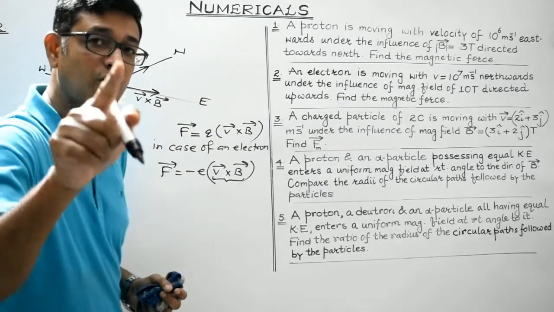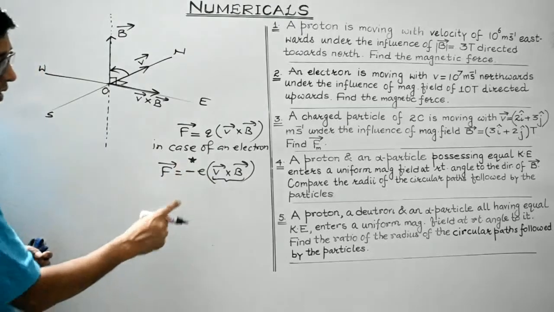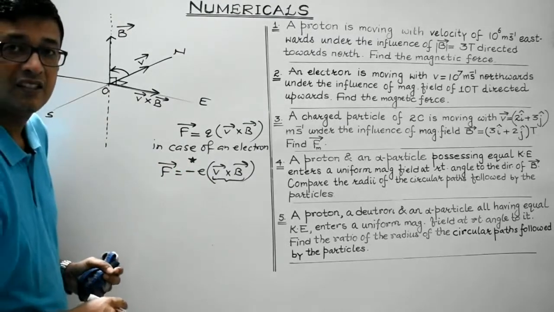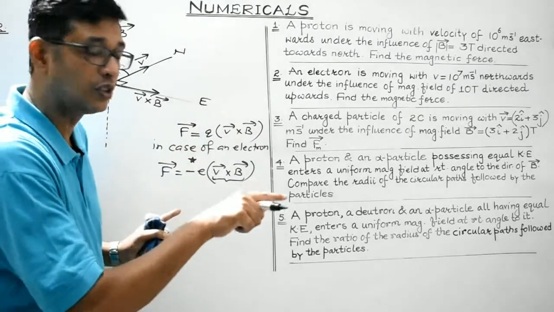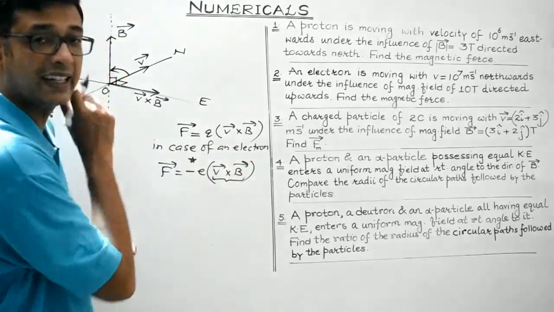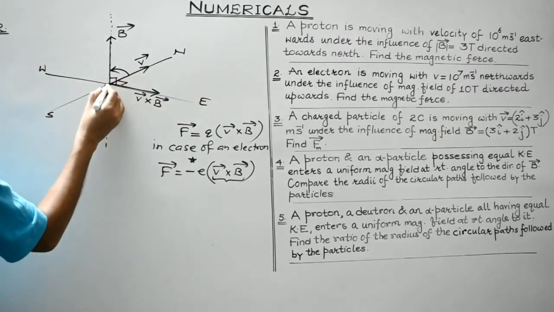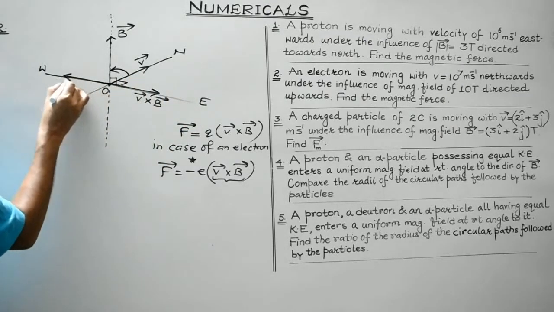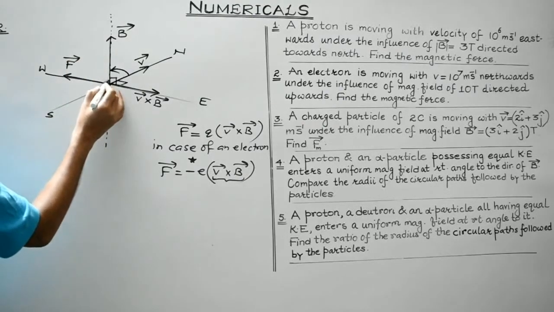Now, what will be the direction of the magnetic force? Concentrate over here, students, on this negative sign. This negative sign suggests that the magnetic force is in a direction opposite to that of v cross B. So if v cross B is directed towards east, then the magnetic force would be directed towards west. So this is where the magnetic force must be directed.